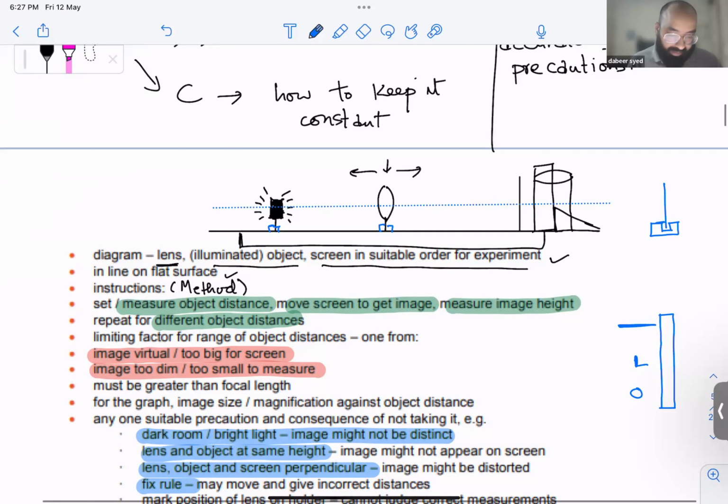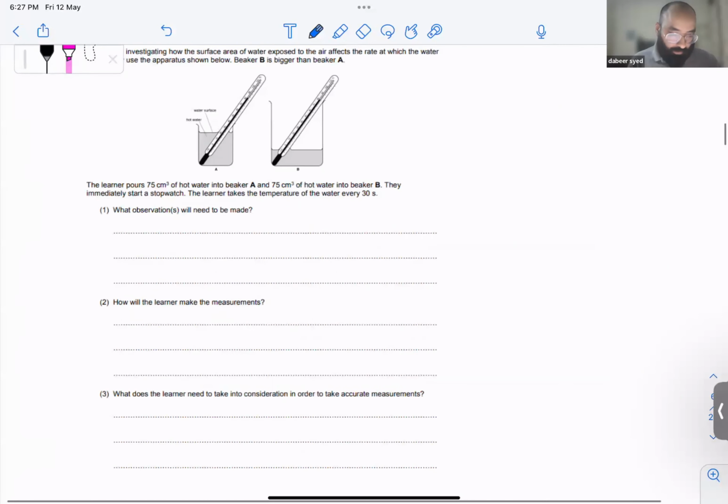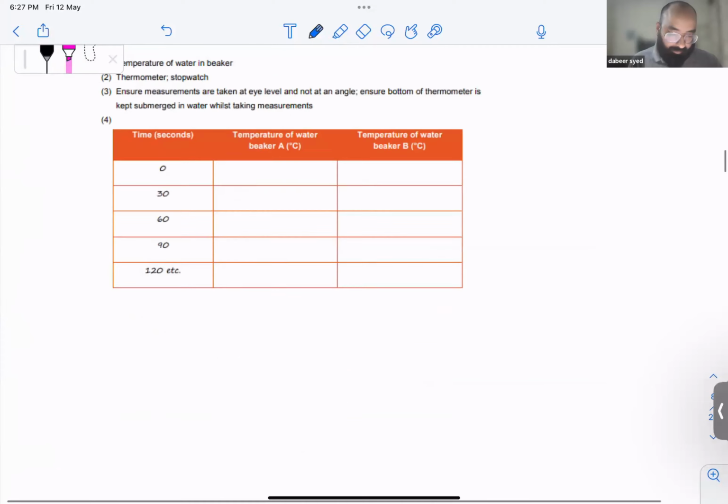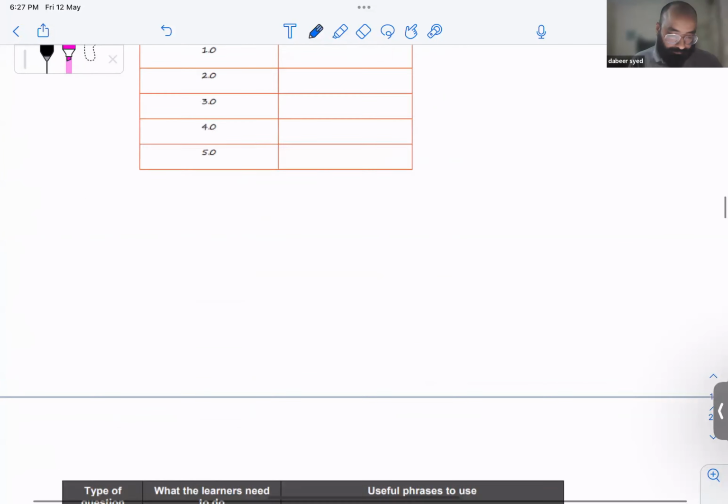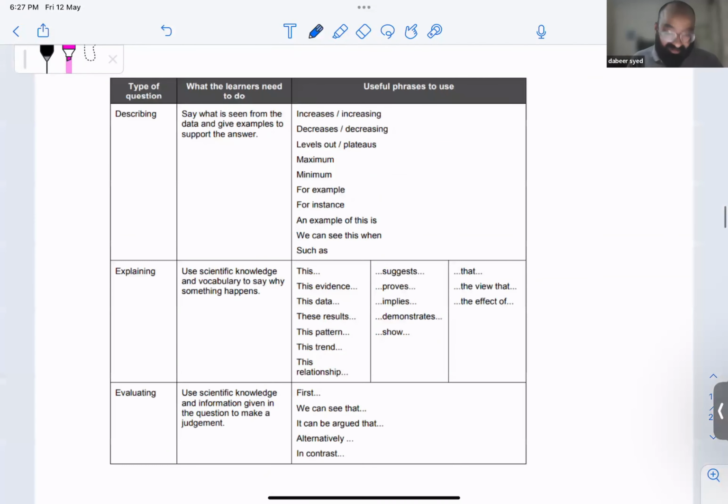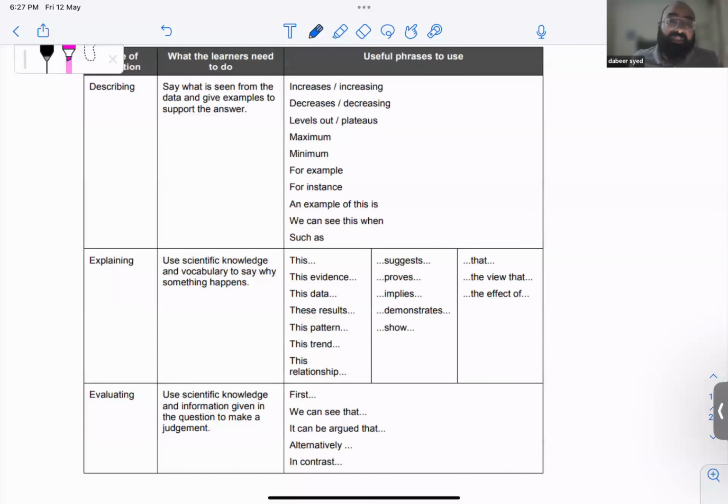Now, the next thing that I wanted to talk about was basically related to the terminology that should be used. So please remember that when you're doing paper 4, there are 3 important keywords that you need to remember, about which you can be asked.